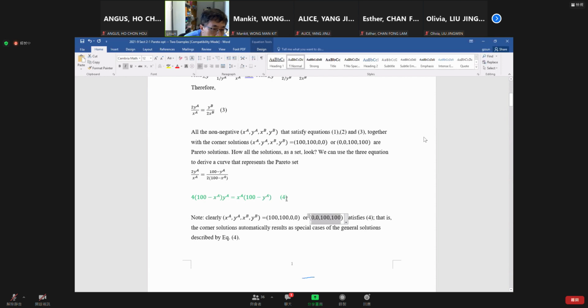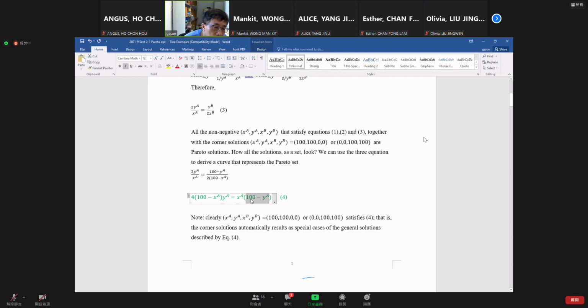On the other hand, if we let XA equal 100, okay, we give all X to Alice. And then this number will be 0, because Bob has no X. So if this number equals 0, this equals 100, then this number must be 0. 0 means YA equals 100.